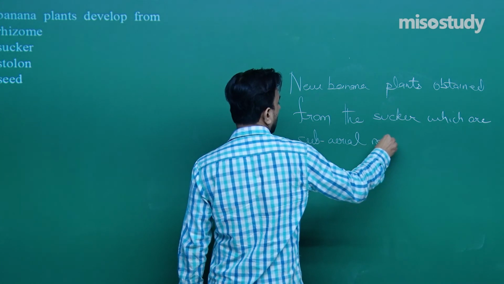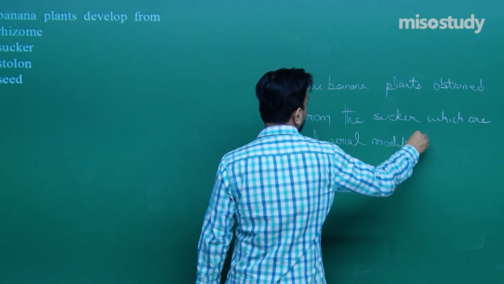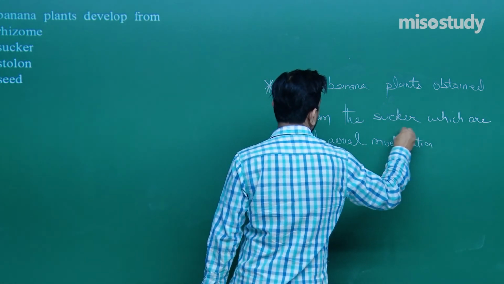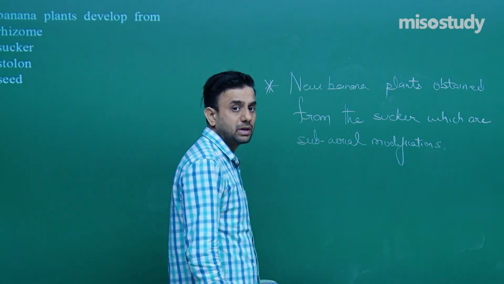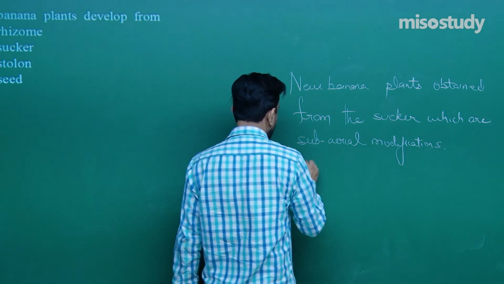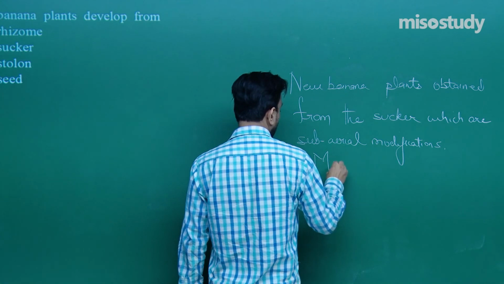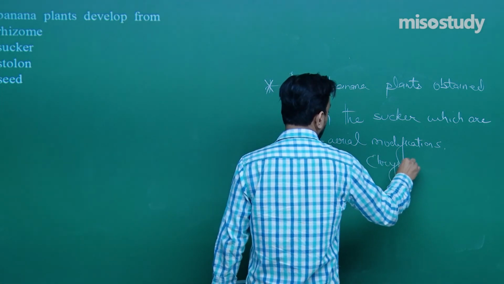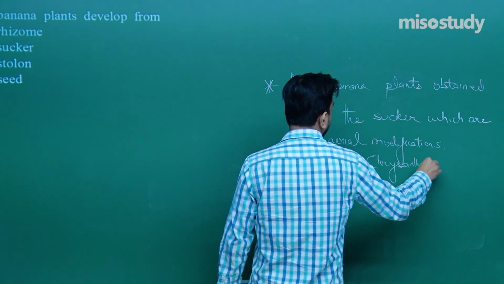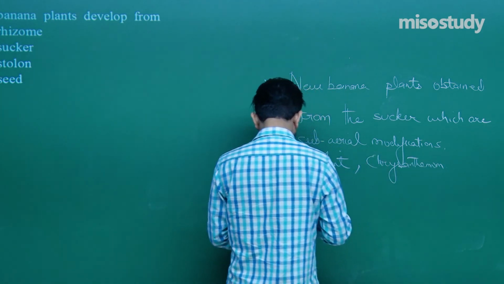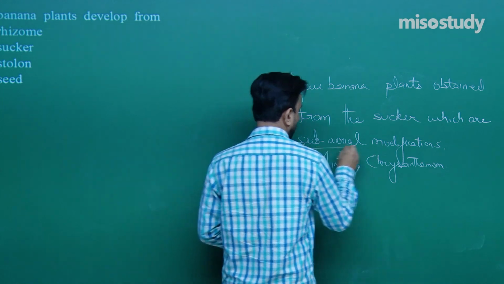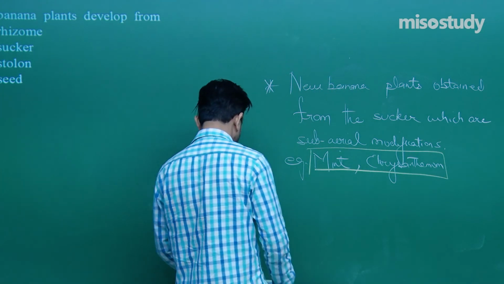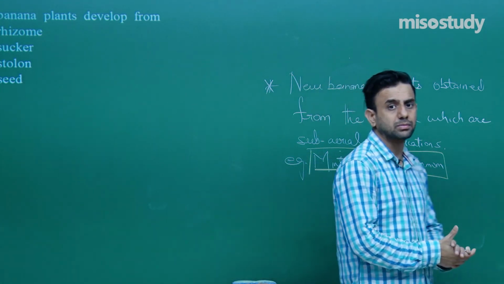Other examples of these suckers will be the mint, I've given you before, and chrysanthemum.